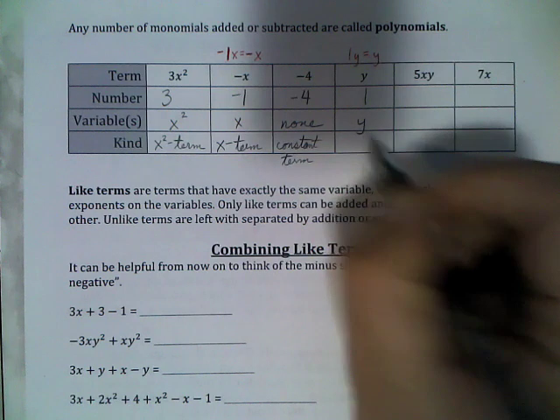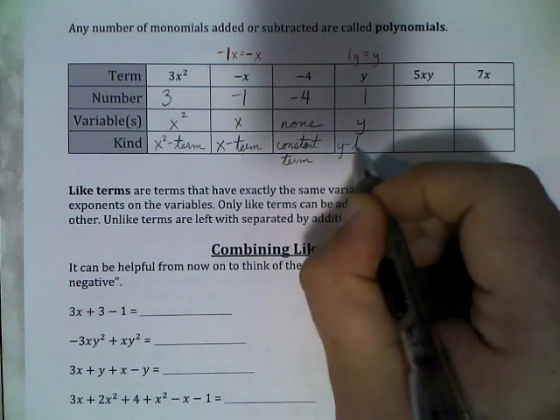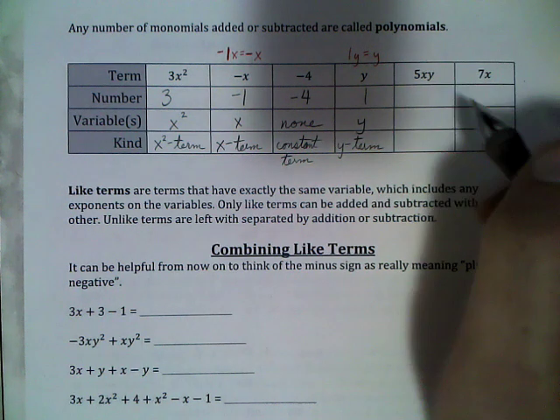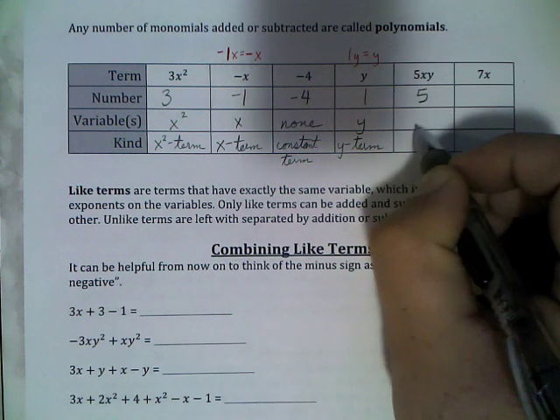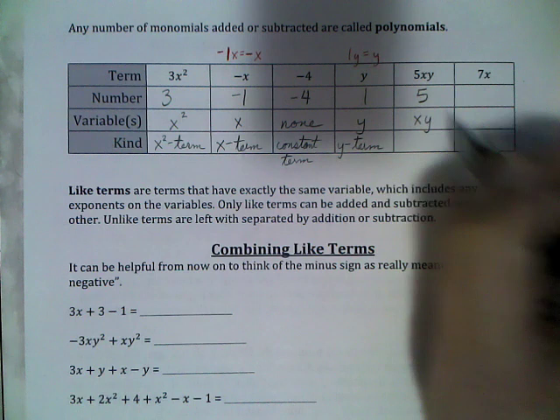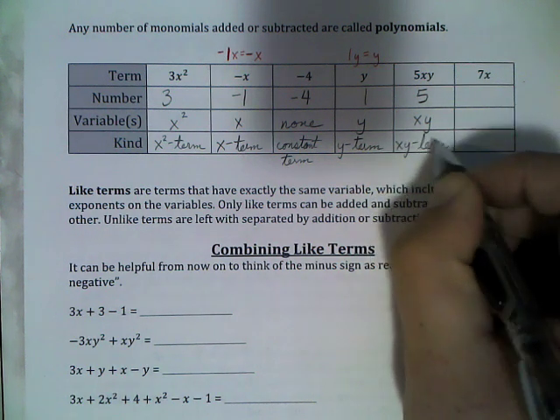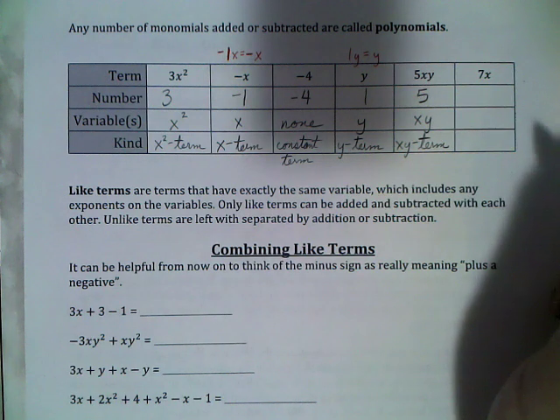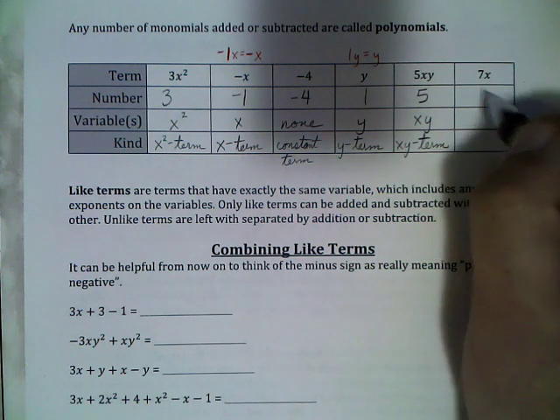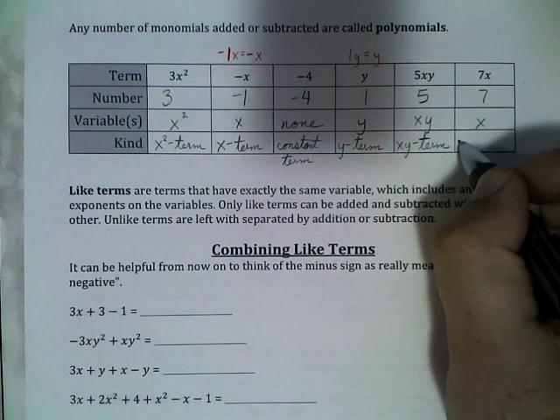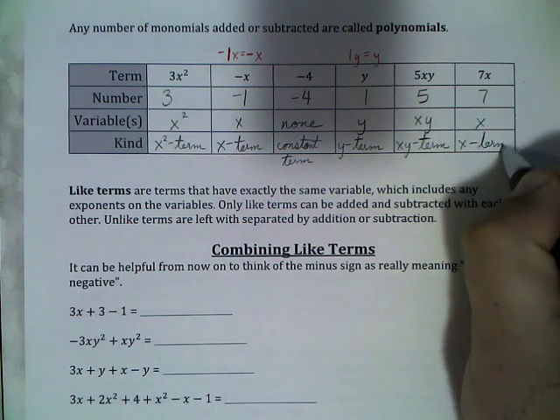Well, we have a y, that's all we have, which means that this is a y term. Number here is a 5. Variables, we have an x and a y, which means that this is an xy term. And finally, to finish it off, we have a 7 for our number, we have an x for the variable, and we have an x term.